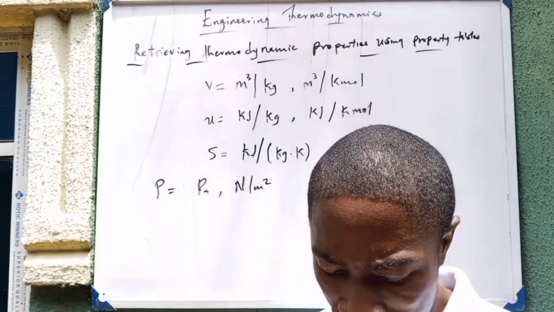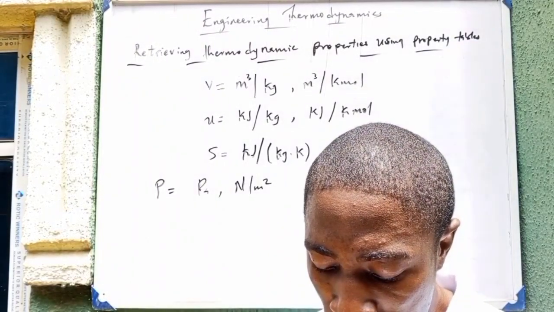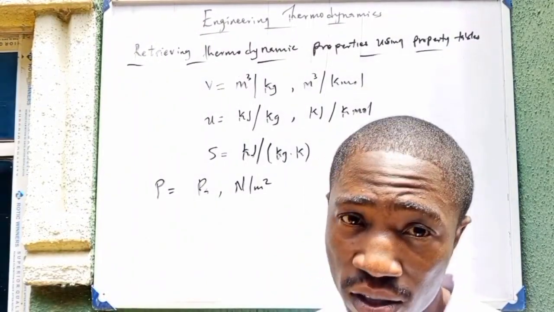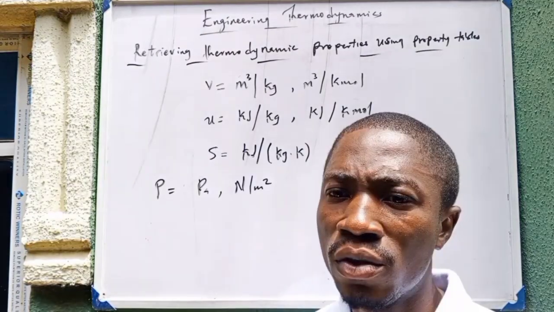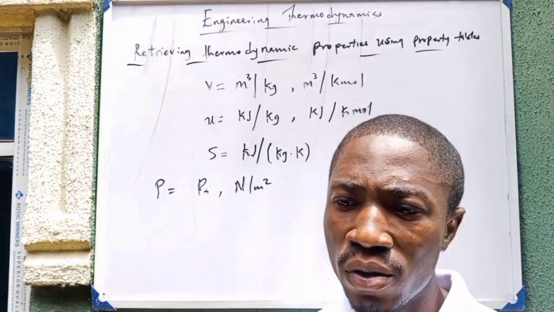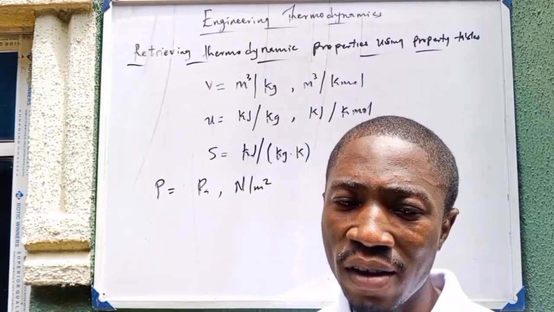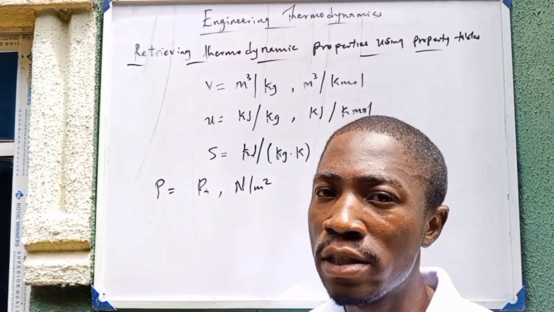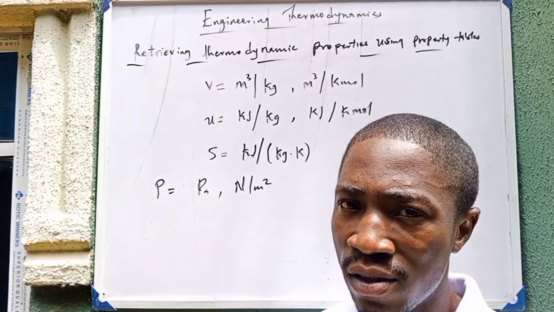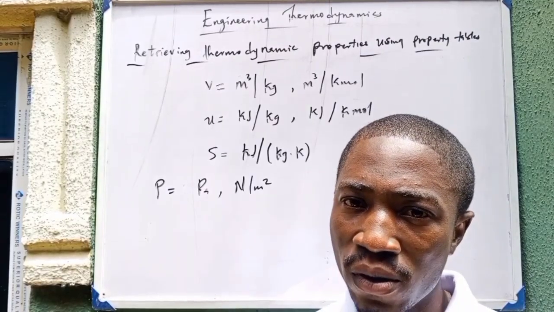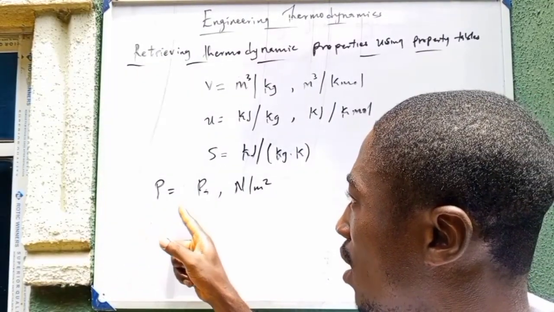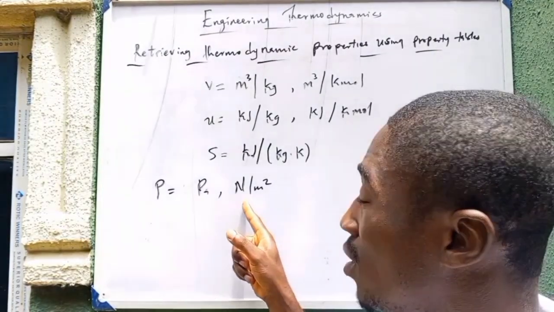Basis. And the thing is that different property tables adopt different unit systems. So when you get a property table, do well to look at the units of the properties, because what you have as units in one property table may not be what you have as units in another property table. For example, the unit of pressure can be Pascal, can be Newton per meter square.